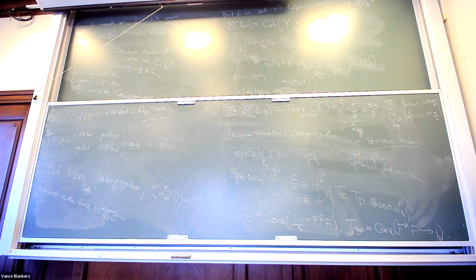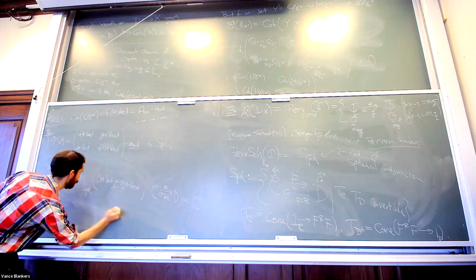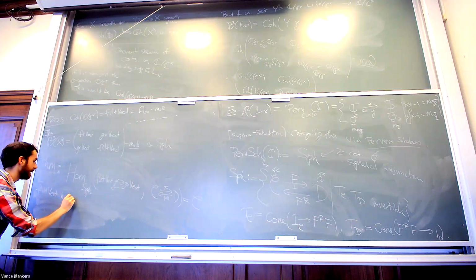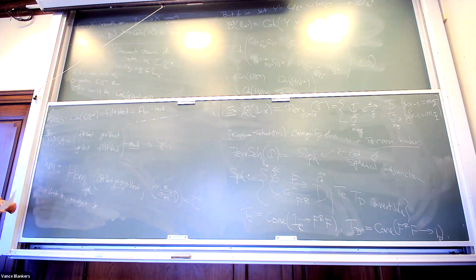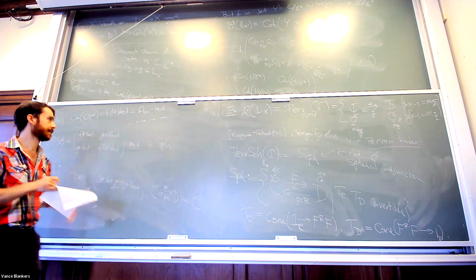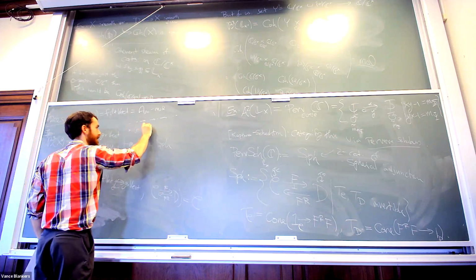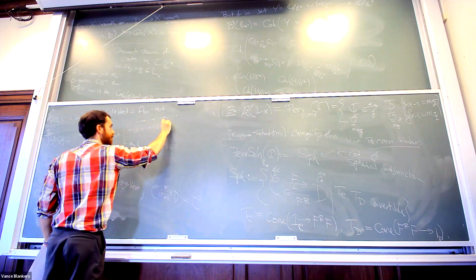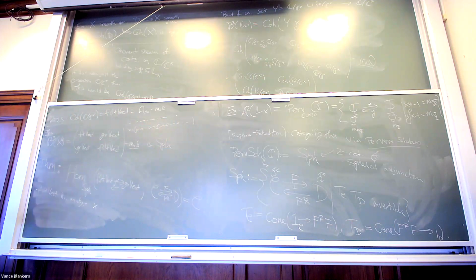Let me put it this way: filtered vector spaces has an object X, which for me is going to be the trivial thing, the representation. So X in this picture is just equal to C in degree 0, and 0 elsewhere. So it's the simplest object inside this category.